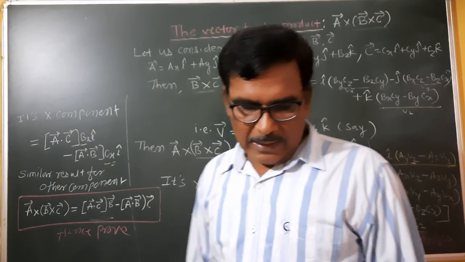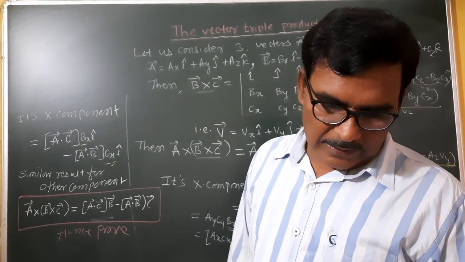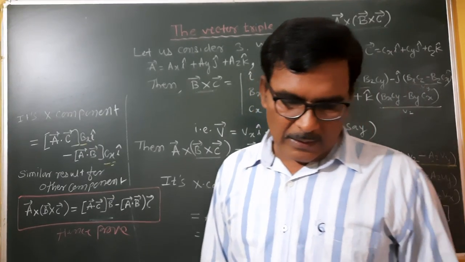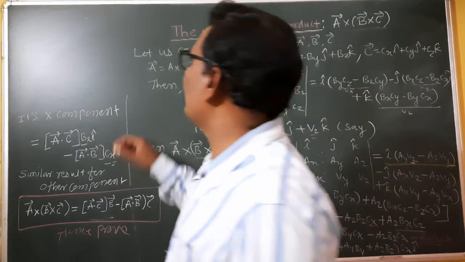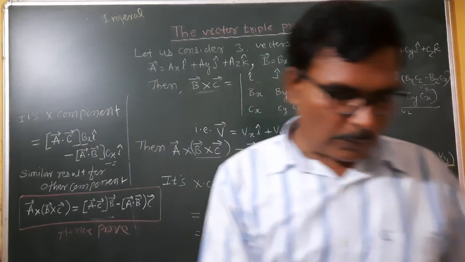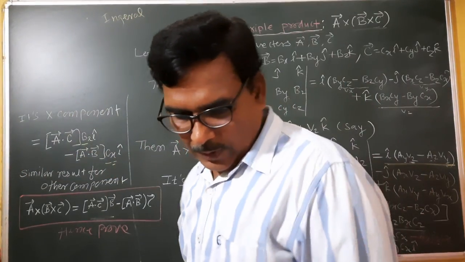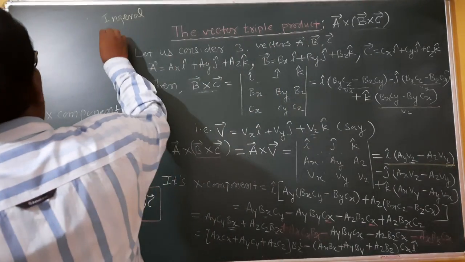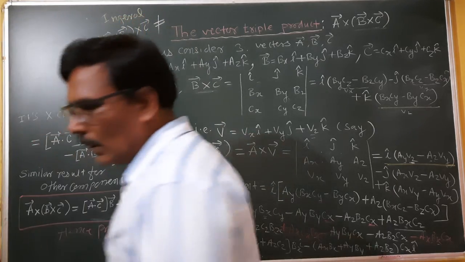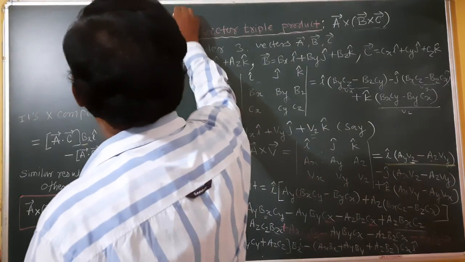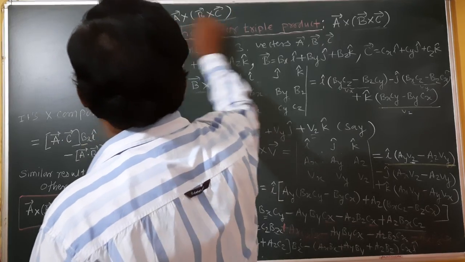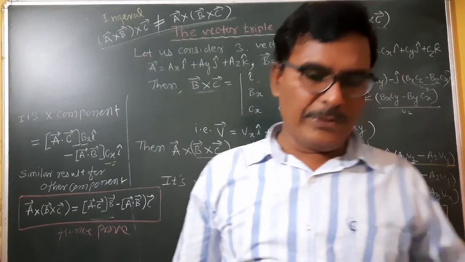A similar result we obtain, and it shows that in general A bar cross B bar cross C bar is not equal to A bar cross B bar cross C bar with the grouping changed. They are not equal, because the direction changes.